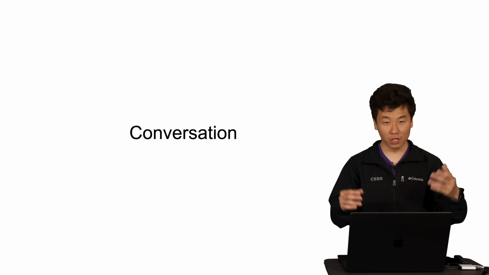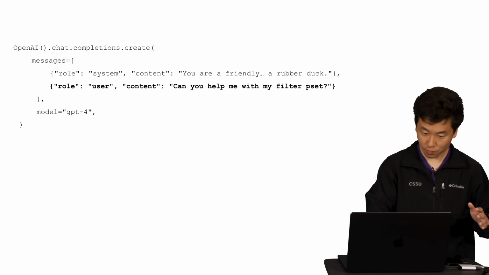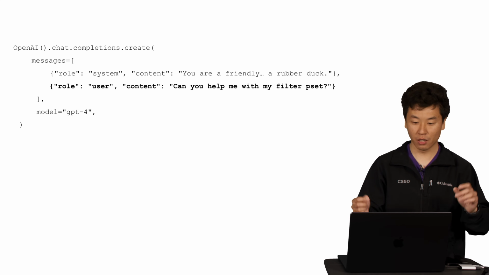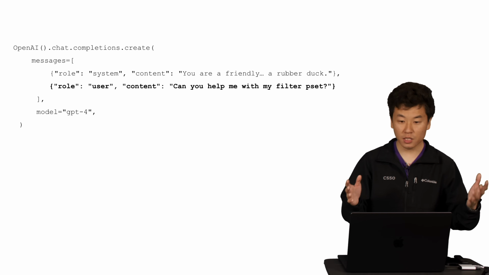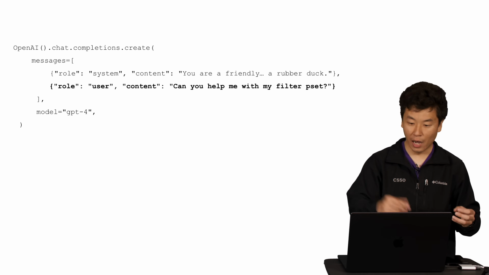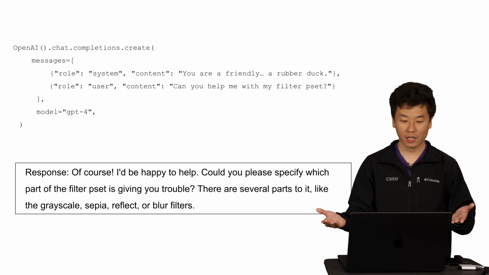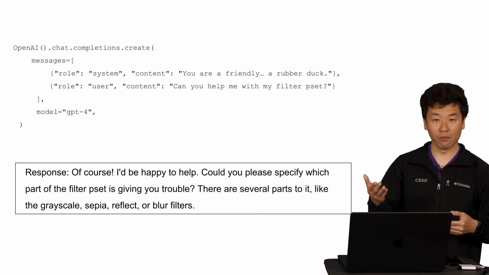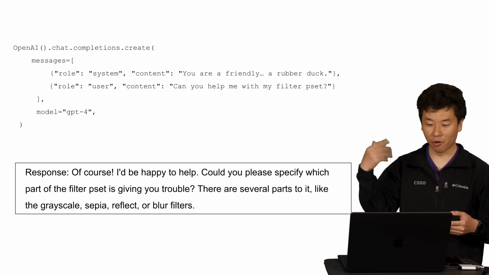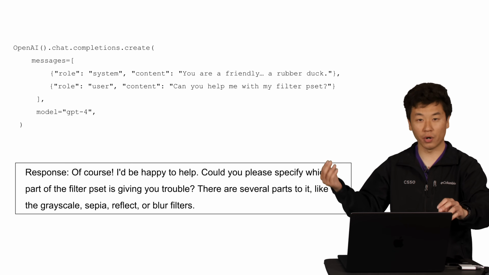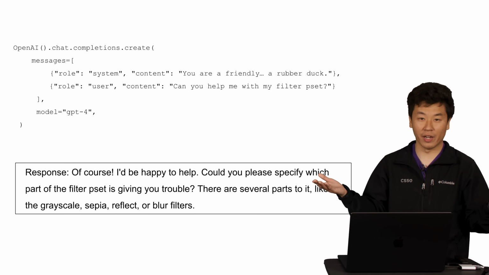In the code, it actually looks clearer. Previously, we had this simple API call to ask, hey, can you help me with my filter preset? I get a response back. In order to follow up with a question, I can't just call this API again with a new question, because the model doesn't have any context at all.